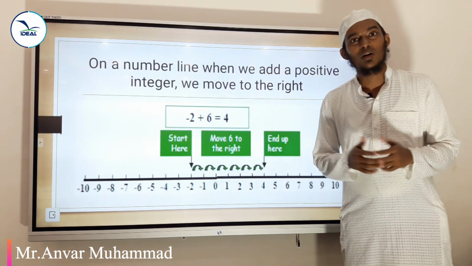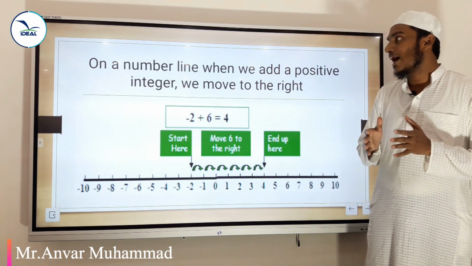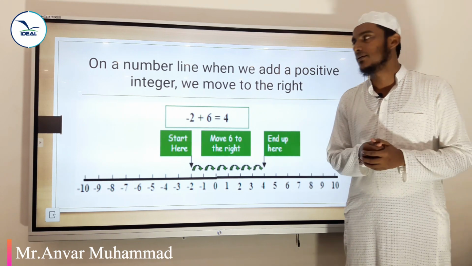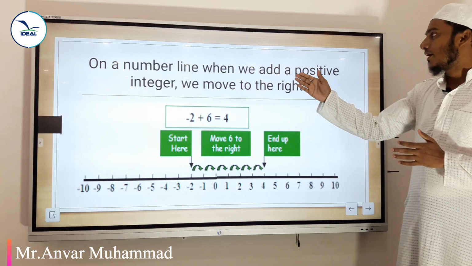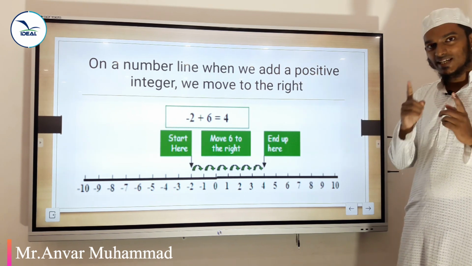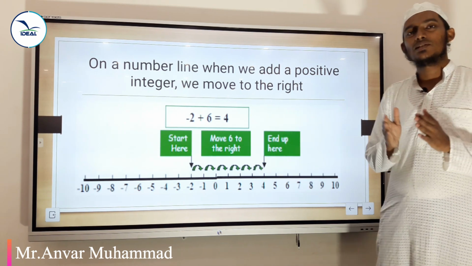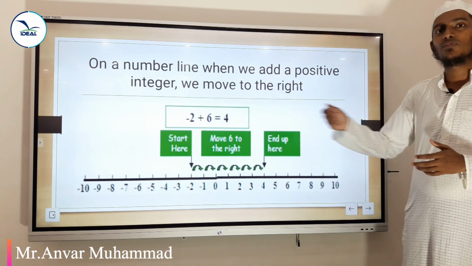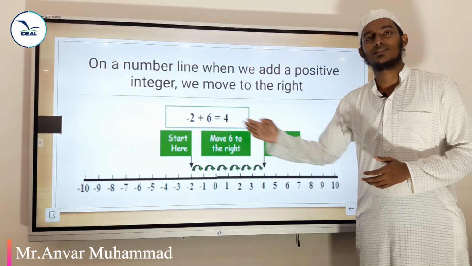Now, what happens on a number line when we add a positive integer? Let's see. On a number line, when we add a positive integer, we move to the right. Here is an example for you. You have -2 plus 6.